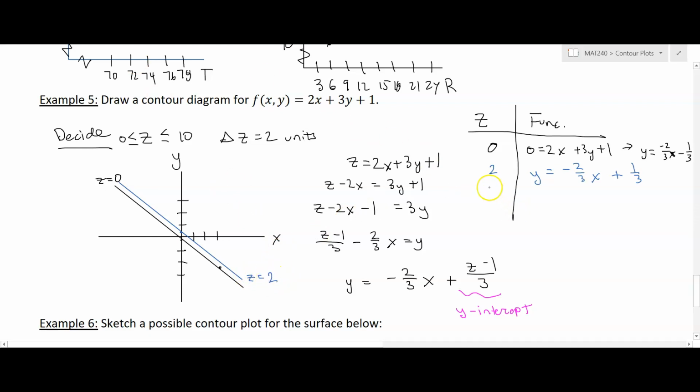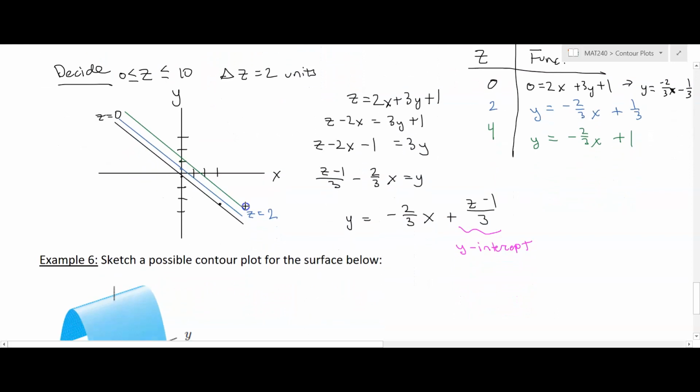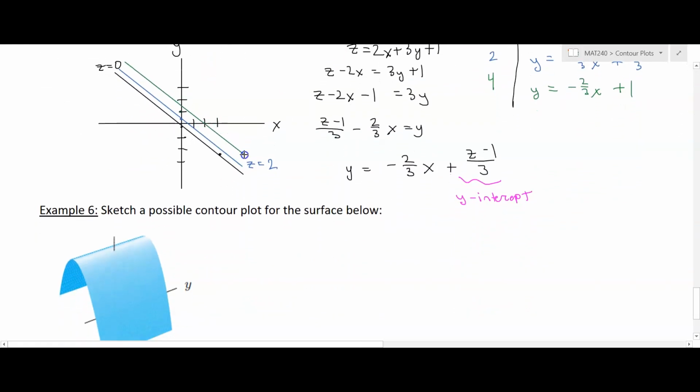When we do this for z equals 4, we'll have y equals negative 2/3 x. If z is 4, we have 4 minus 1 is 3, divided by 3 is 1. So we have negative 2/3 x plus 1. That's going to be a line that, again, is parallel to these other two, but happens to go through a slightly higher point.